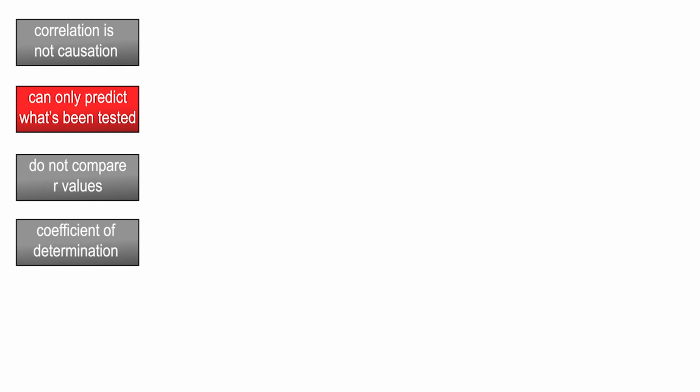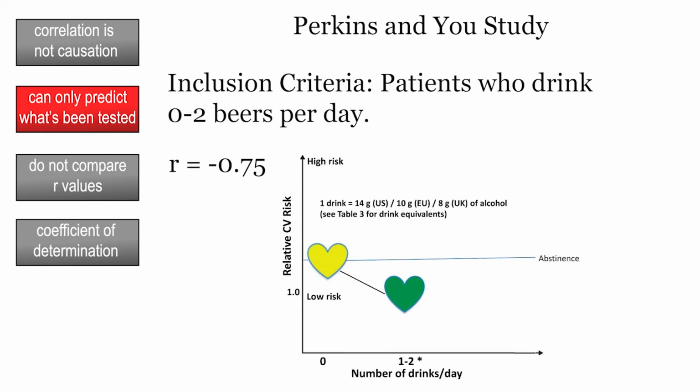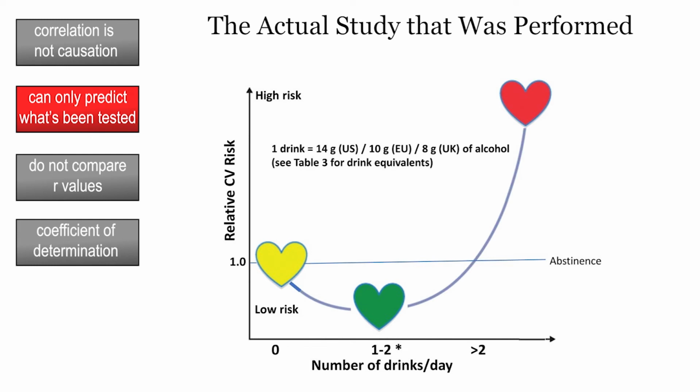So let's take another look at our graph again. We only ended up recruiting patients that drank up to 2 beverages per day. But if we extend this out, in the actual studies, what we see is a J-curve. The data from this study actually suggests that the data are not linear.